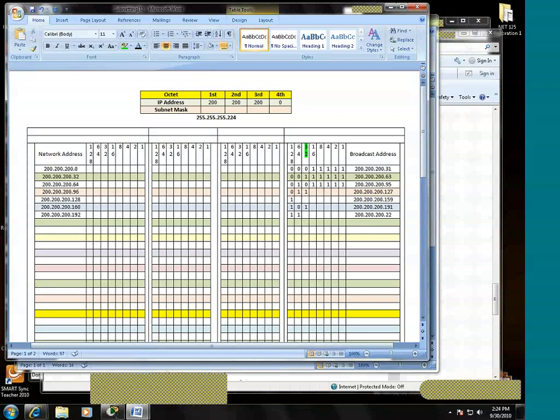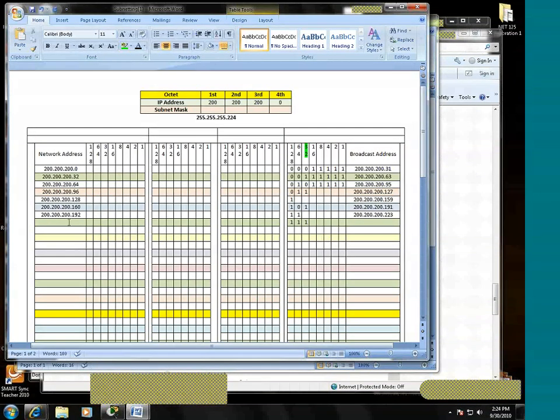Why could it not be 222 or 224? The broadcast will always be an odd number. All right, and what's the next least combination? 224. How do we treat 224? It'll be 1, 1, 1. You notice we've maxed out the borrowed subnet bits or network bits. That tells us that we've completed our subnetting process. We can't go beyond this row.